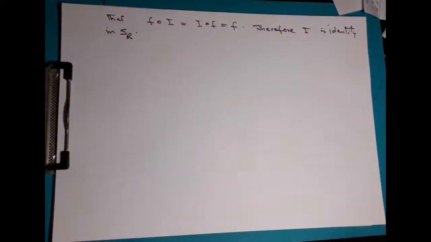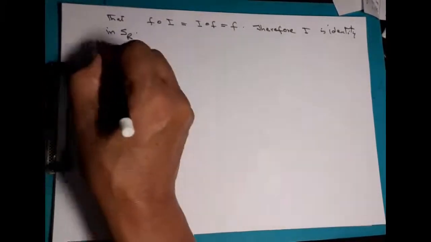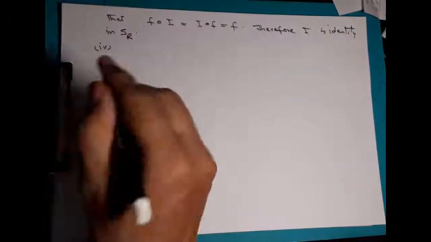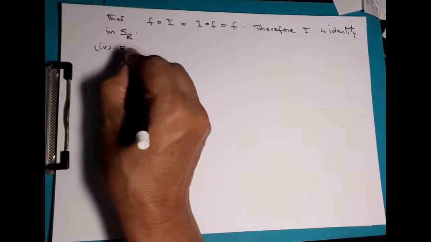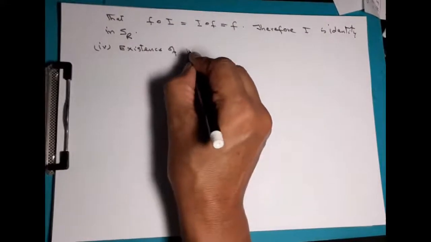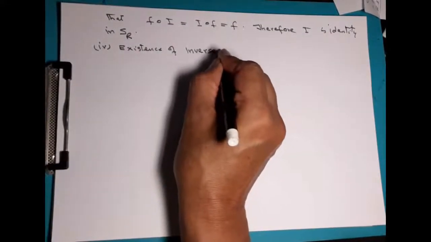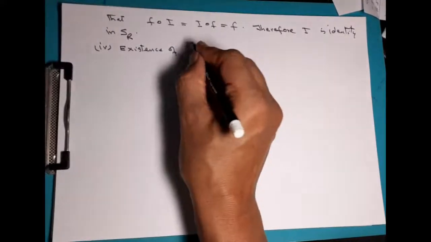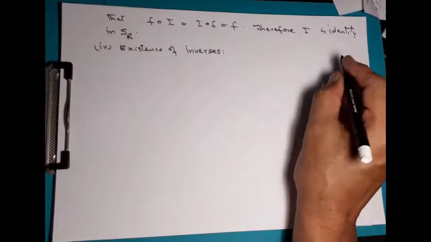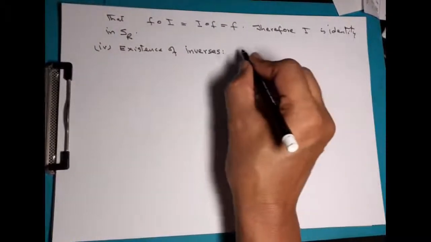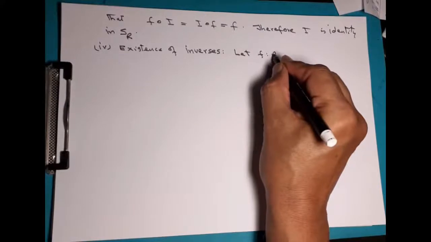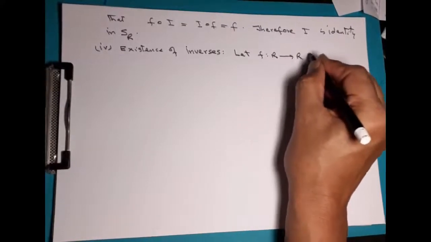Next we come to inverses. Number 4, existence of inverses. We know that every bijective function can be inverted. How do we do that? Let me explain. Let f from R onto R be a bijection.